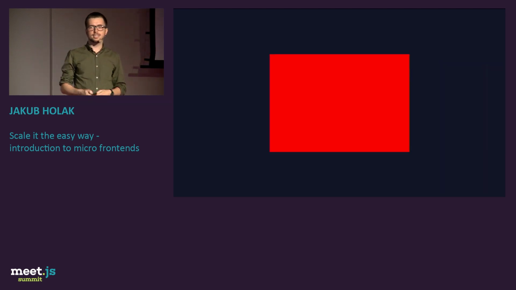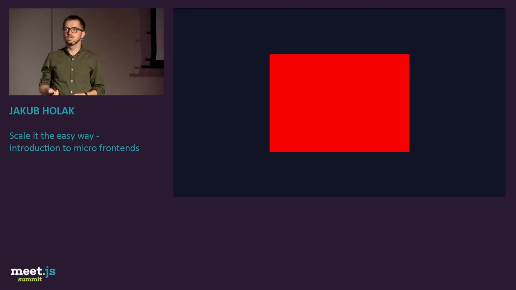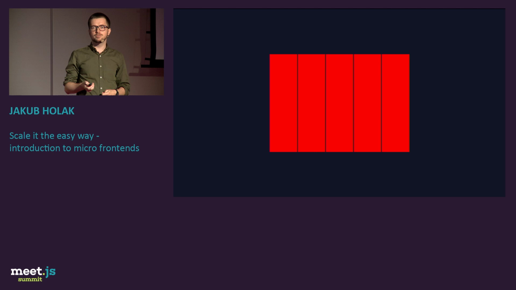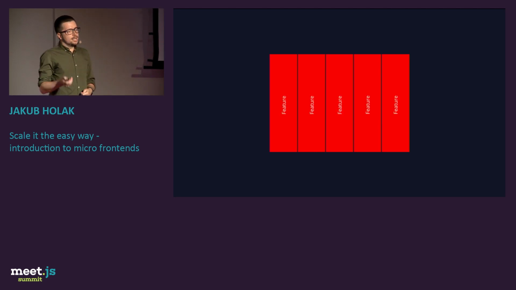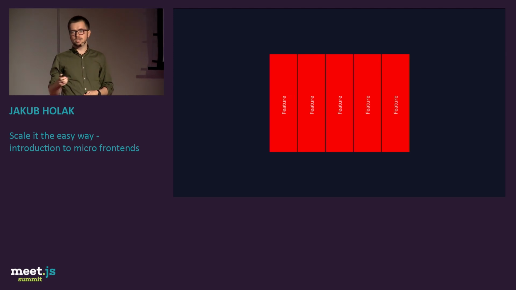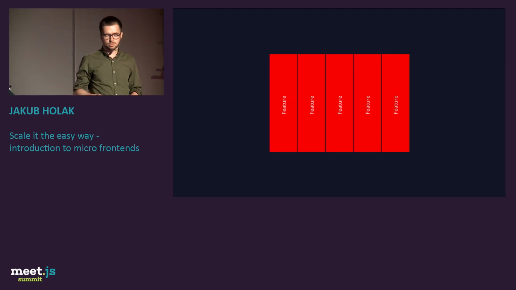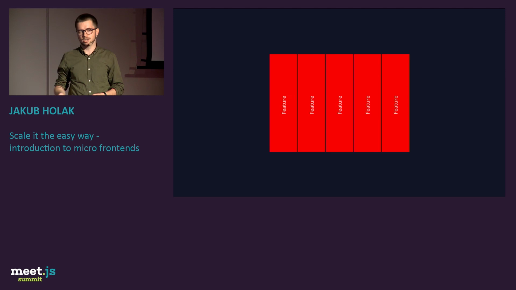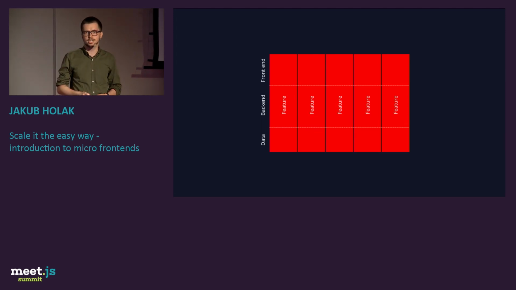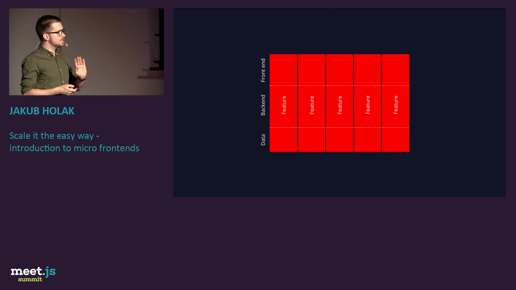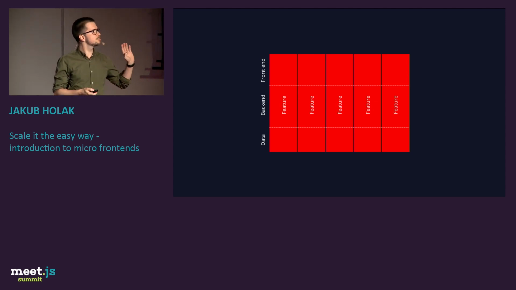So I think it would be great if we could split the whole app into vertical features. Every feature is one team, so one team is responsible for everything: front end, back end, and data. But how can we achieve it? It sounds cool because I will talk about benefits in a moment.